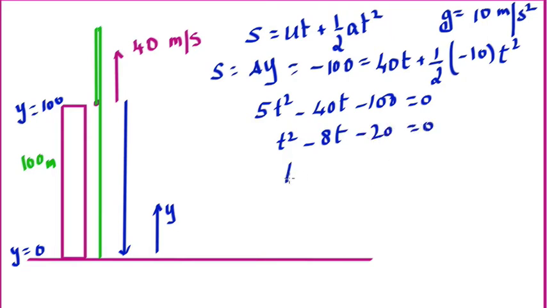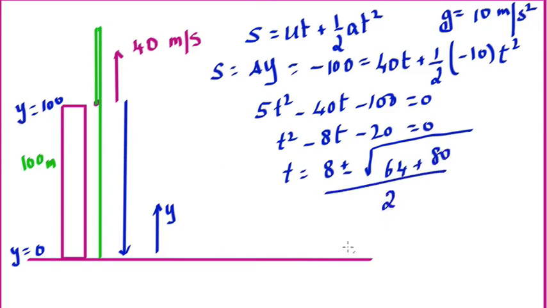And we will now apply our favorite formula, minus b plus or minus square root of b squared minus 4ac, plus 80, 4 into 20, divided by 2a.